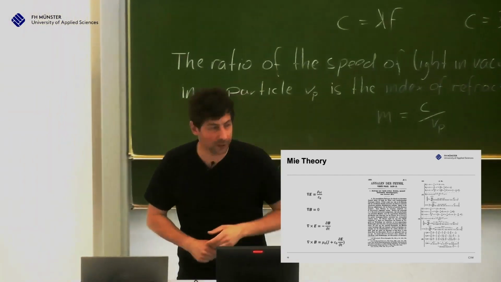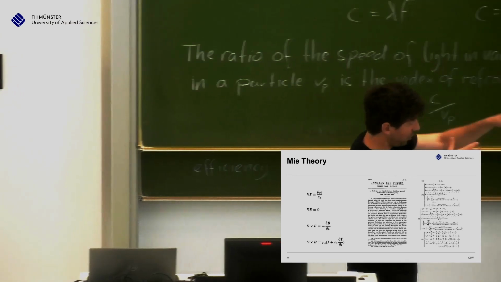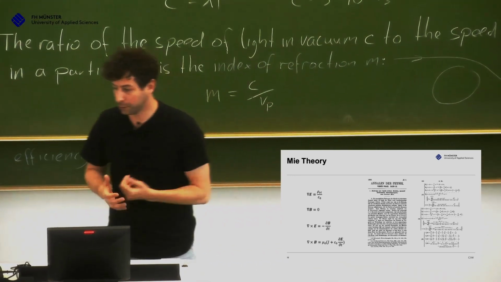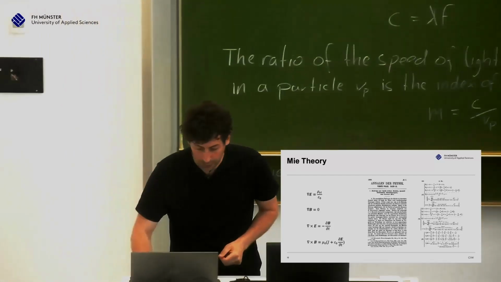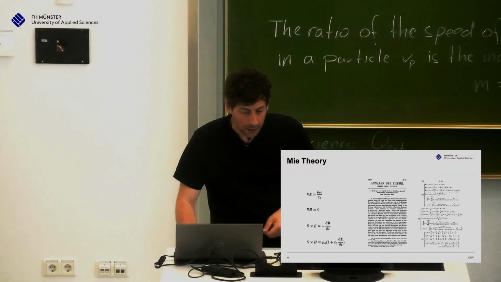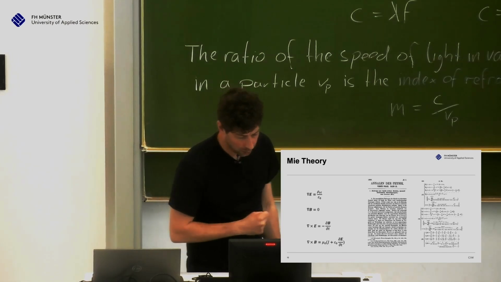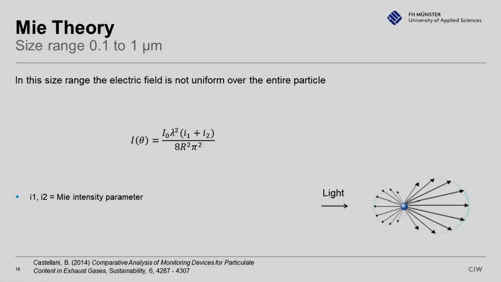And you just want to figure out on which position you get how much light for your given system, and this really takes months, but the computer nowadays gives a lot of useful help, and the equation itself is not so complicated. What is more complicated is I1 and I2, the Mie intensity parameters, because if you look at the equation, it's even simpler than the Rayleigh scattering.